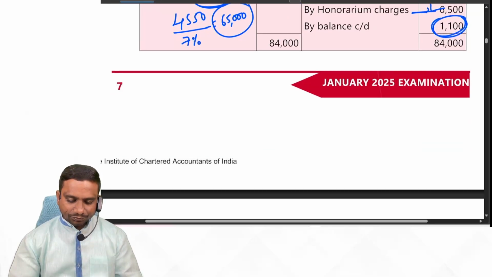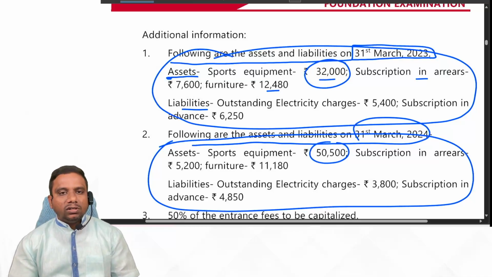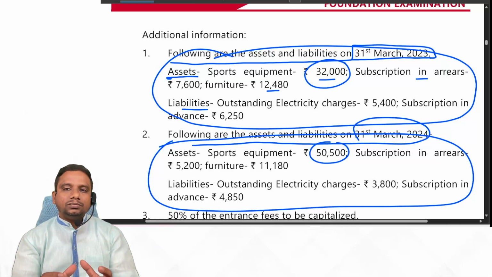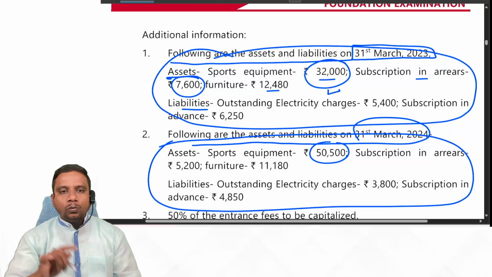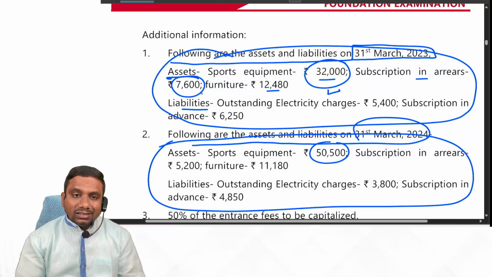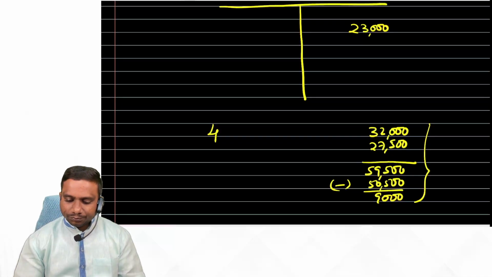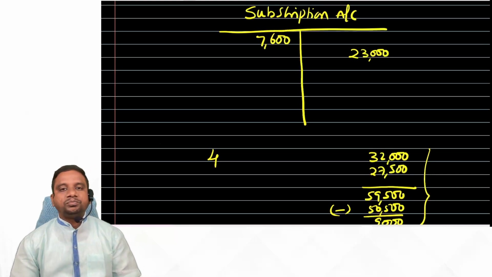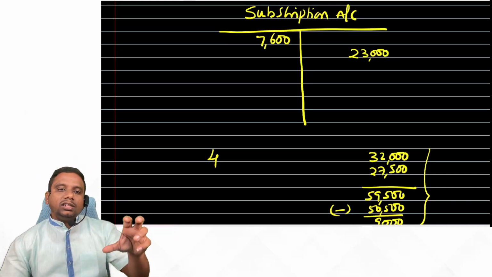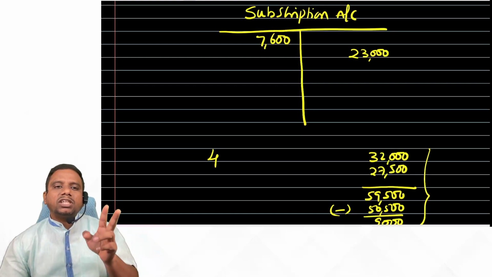Next. Here they have given some adjustments. Whatever assets and liabilities we have on the opening date, present them in the opening balance sheet. So sports equipment, opening balance sheet asset; subscription in arrears, 7,600, opening balance sheet asset. Now these arrears are at the beginning of the year, so we show this on the debit side, because of the adjustment entry that we recorded last year for outstanding subscription: outstanding subscription account debit.